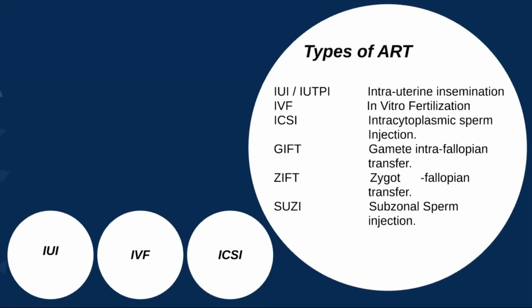And the last one is SUZI, subzonal sperm injection. These last three techniques, GIFT, ZIFT, and SUZI, are not being practiced in most of the world and are now almost abandoned. The most common technique in practice now is ICSI.